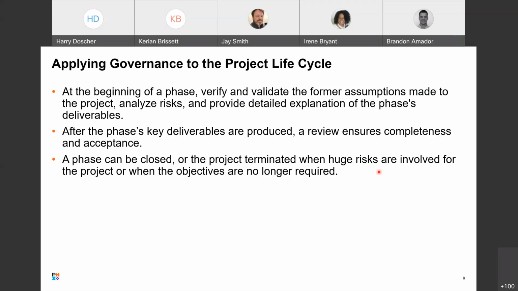Look at the risk register that you had from when you started the project, see if anything is valid or invalid from there. And take a look at anything that's been unearthed at the beginning of this phase. And then also provide a detailed explanation of the phase's deliverables. Exactly what are you planning to deliver in this phase of the project?